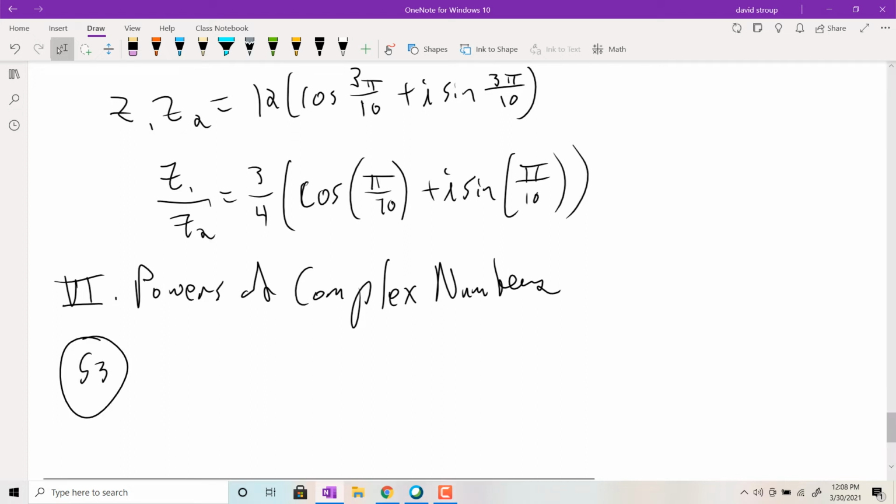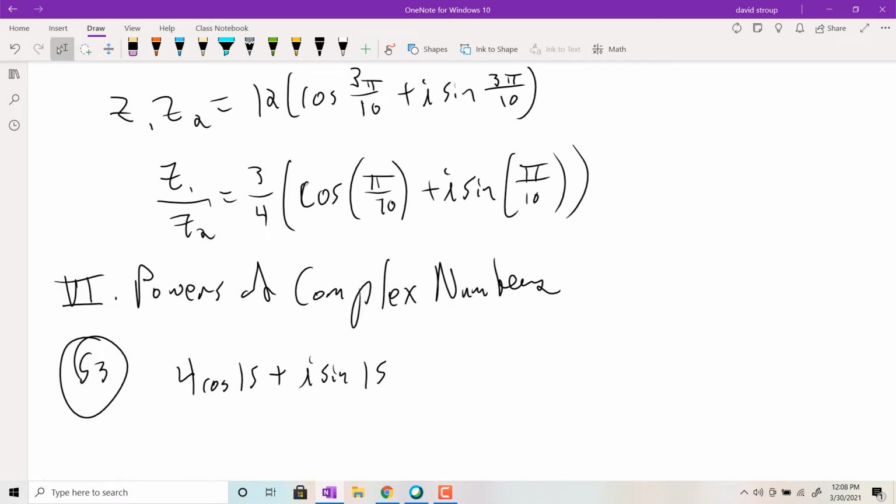And we'll take a look at an example. 53, we have 4 cosine of 15 plus I sine of 15 degrees, all raised to the 3rd power. Okay. So how would that work?